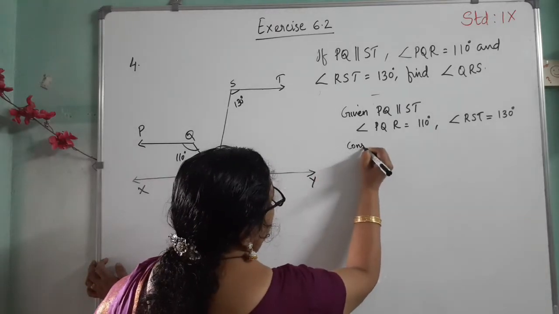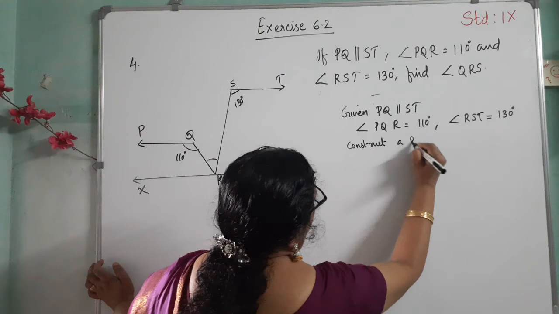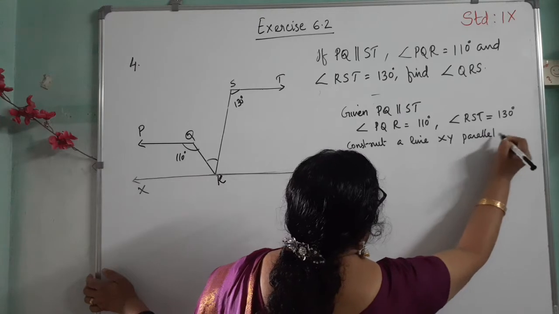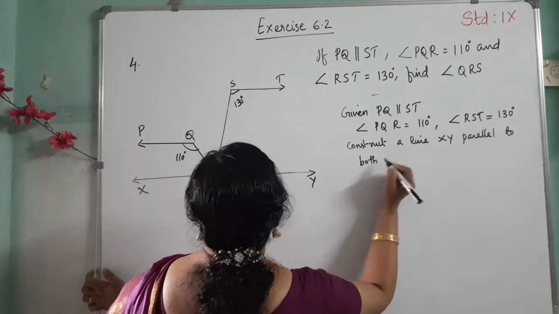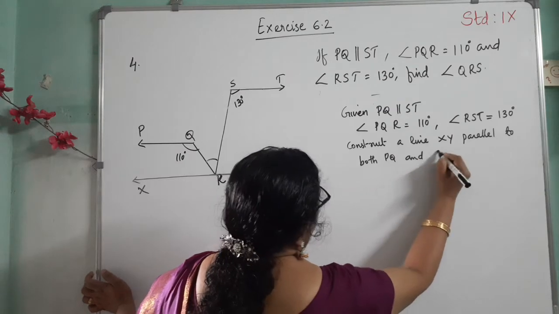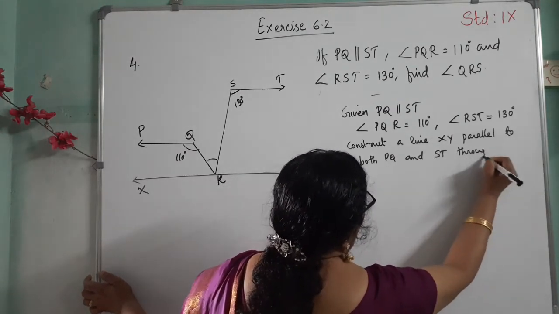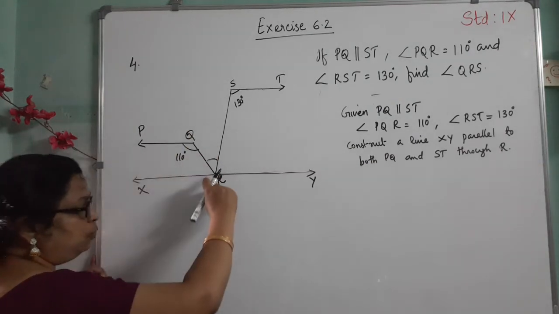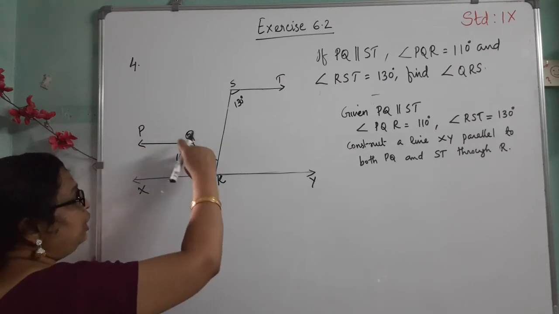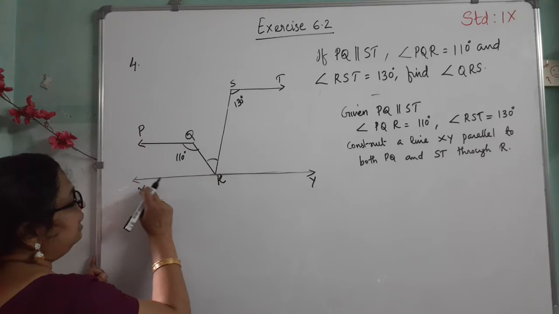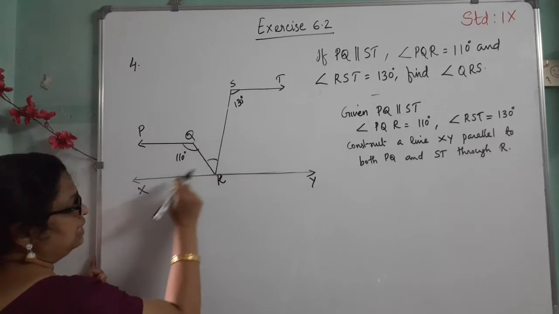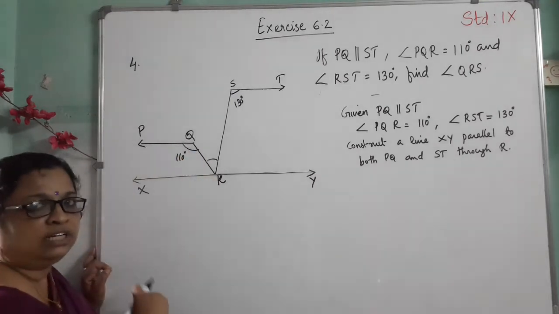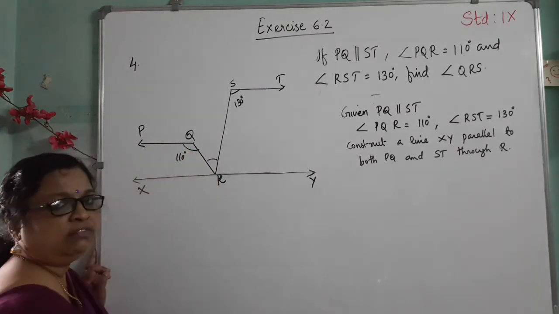Then construct a line XY parallel to both PQ and ST through R. Then this XY and this PQ are parallel and QR is a transversal. Then angle PQR, this angle, and angle XRQ, this angle, are co-interior angles, that is, the angles on the same side of the transversal. So when adding these two we get 180 degrees.